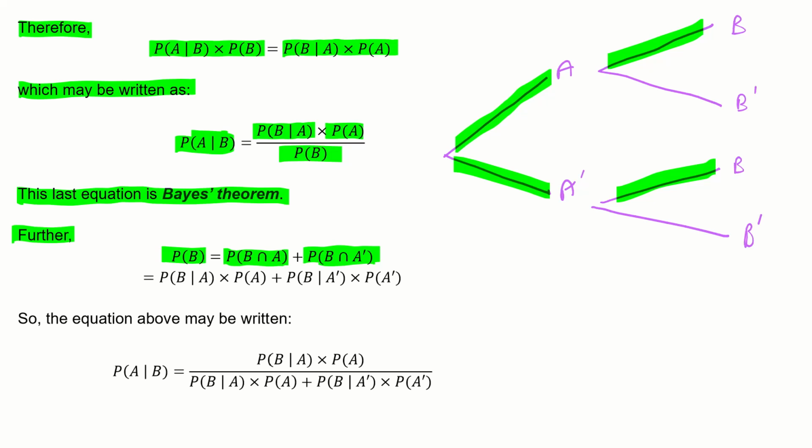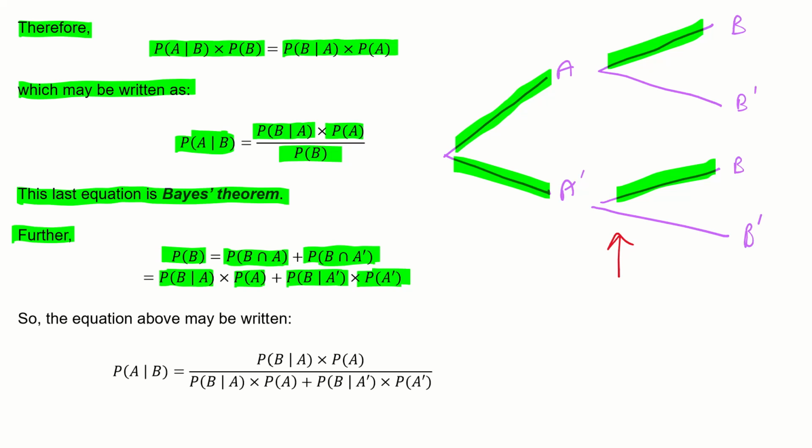So from there, we get the probability of B given A times the probability of A, plus the probability of B given not A times the probability of not A, as illustrated on this diagram.